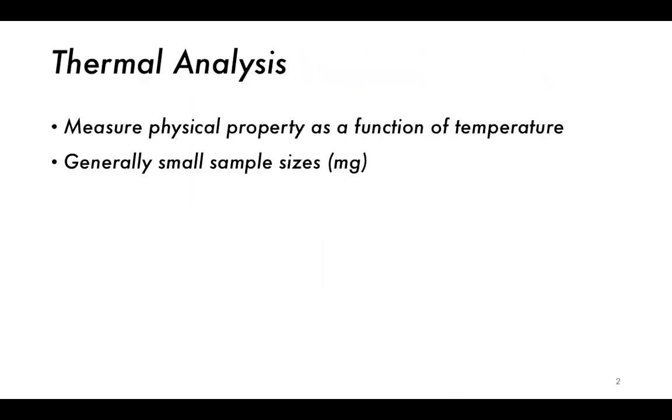Okay, so thermal analysis is a way to measure the physical property of something as a function of temperature, and it's generally done on very small sample sizes. Similar to atomic spectroscopy, thermal analysis is also generally a destructive technique. Usually you get less of your material back than you did at the start.